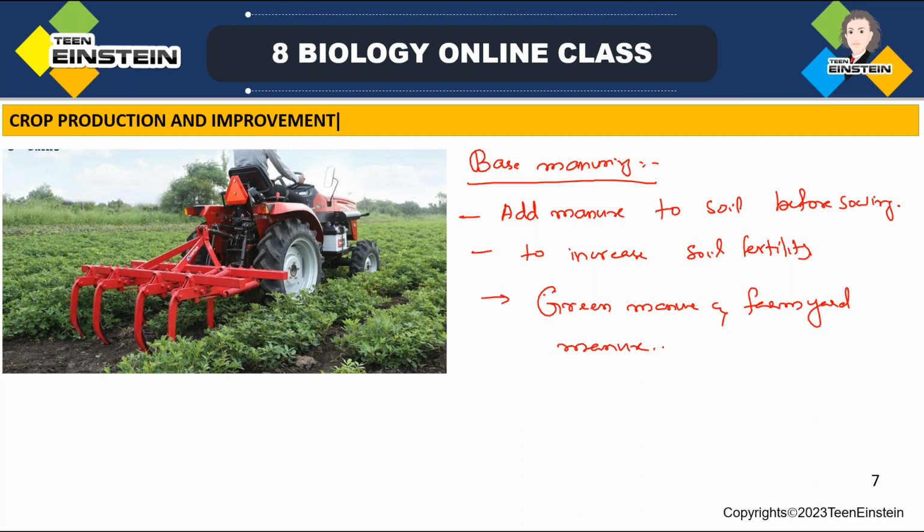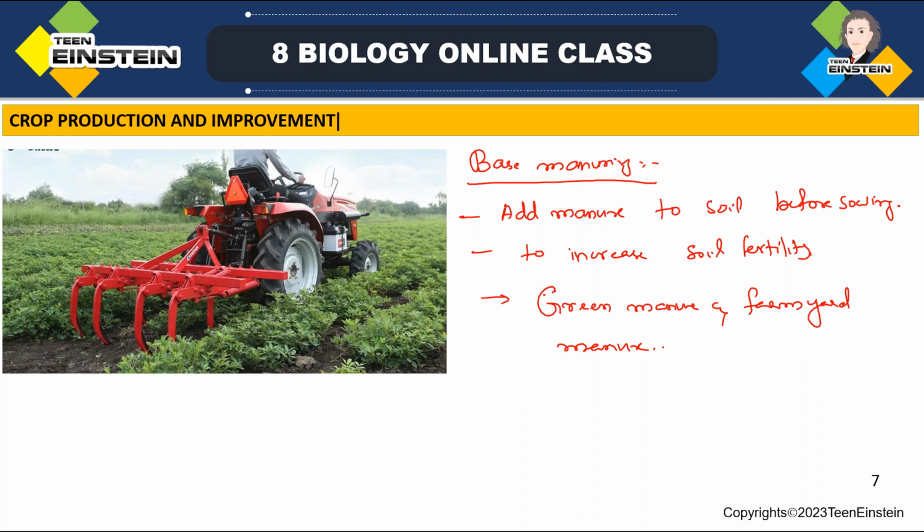That's the first step. Then we need to prepare the field according to the conditions required for your crop. First we need to make the soil loose. For that we'll use different plowing methods, because only the top layer of soil supports cultivation, right?